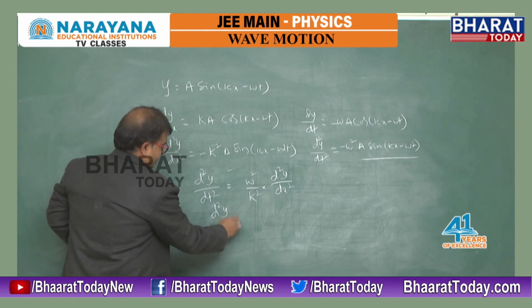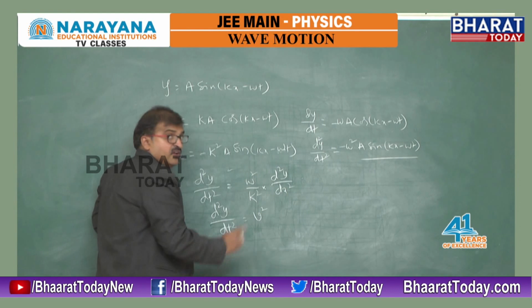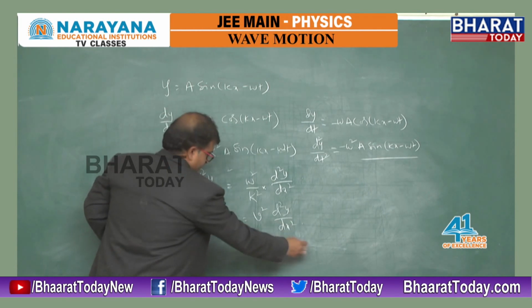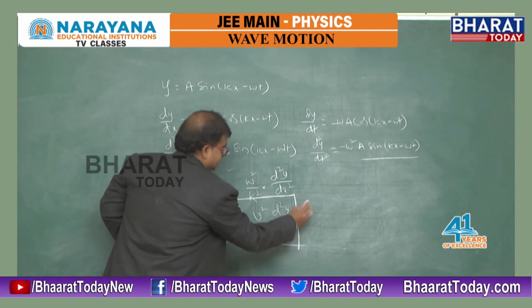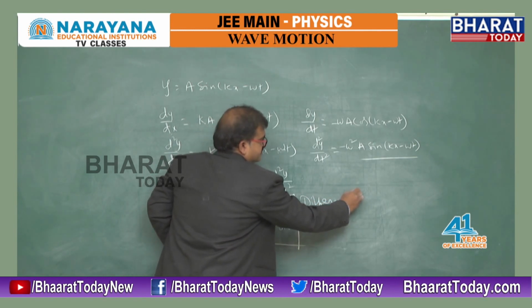That is, d square y by dt square is equal to the phase velocity of that wave squared times d square y by dx square. This is called a differential equation.